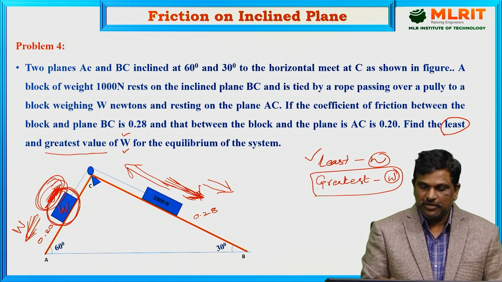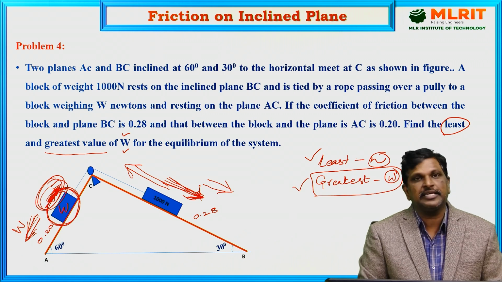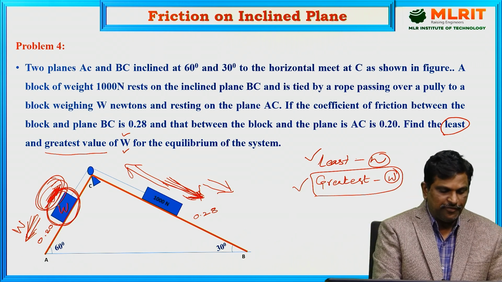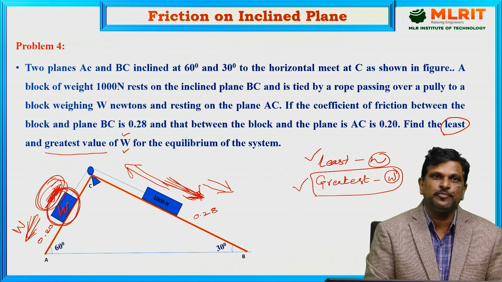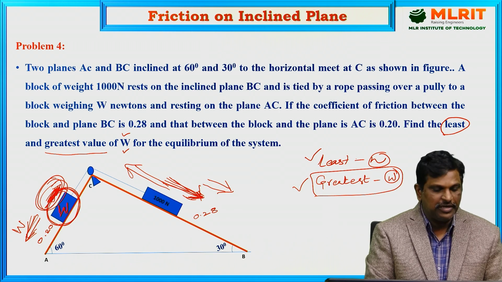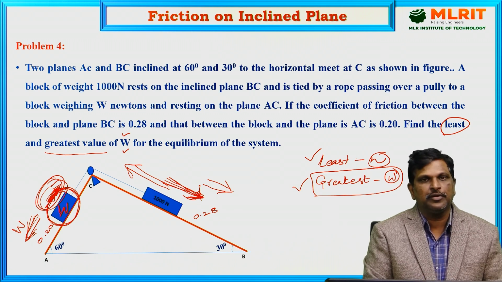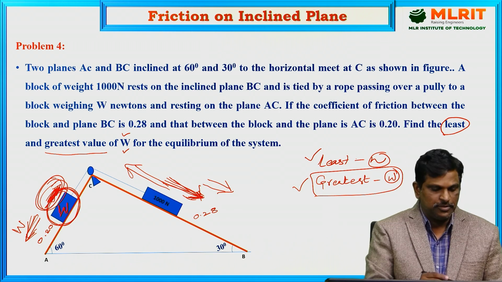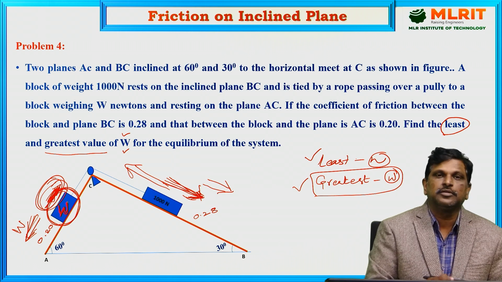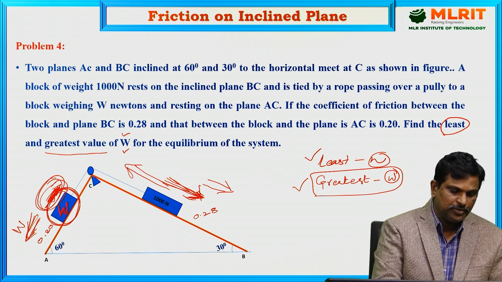That means for the greatest value of static equilibrium, if you further increase the W value, the body will move to the dynamics case because the body starts moving in the downward direction.